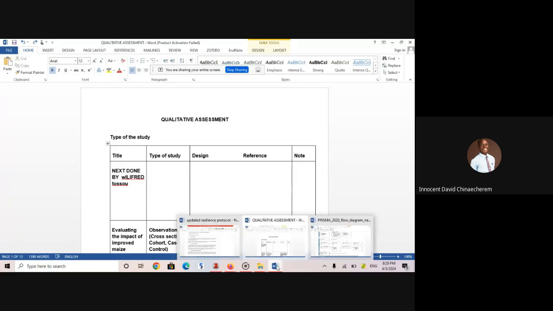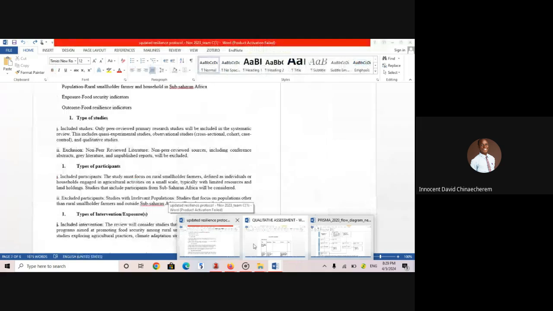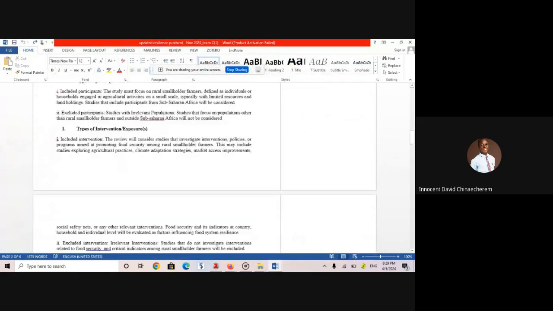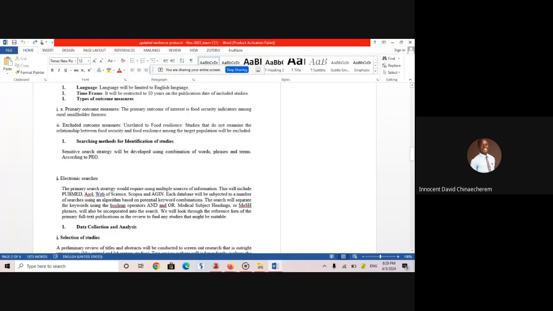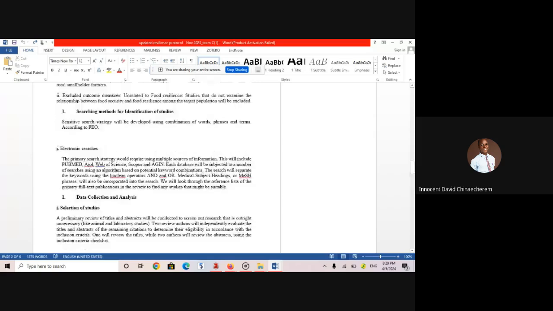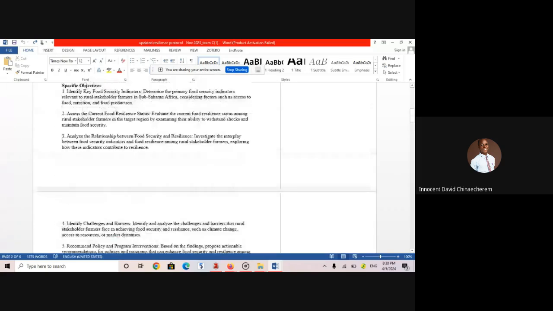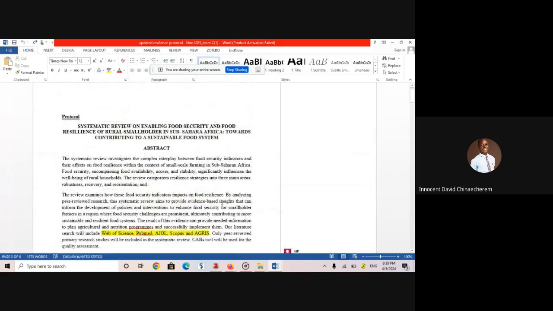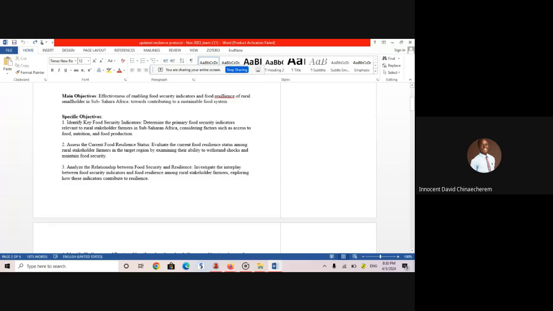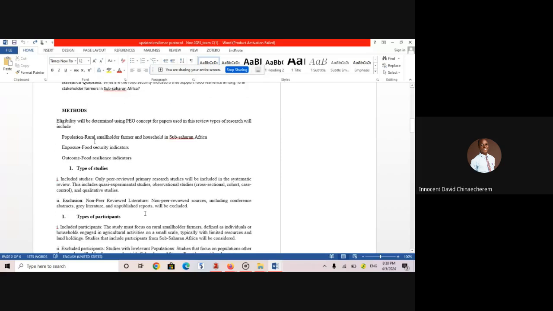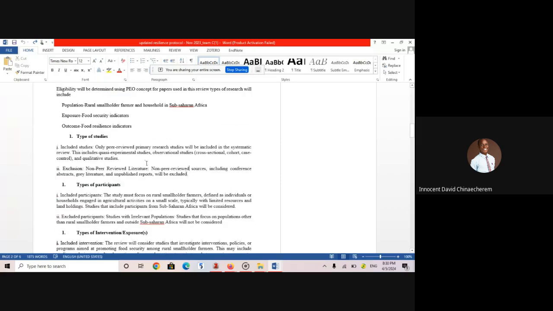But before that, without wasting much time, we need to show more clarity in our eligibility criteria, because in it we need to exclude systematic reviews. We need to spell it out properly.